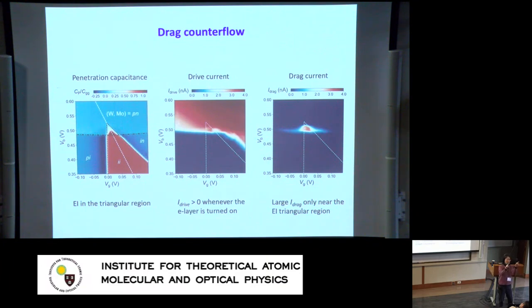So I apply a small AC voltage between two points on my one layer, and this is the current I can measure. I see. And my question was, if I change that, how do these regions change as a function of that source-drain? Oh, okay.